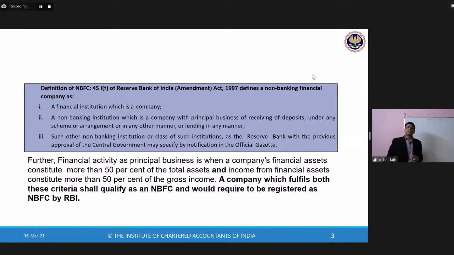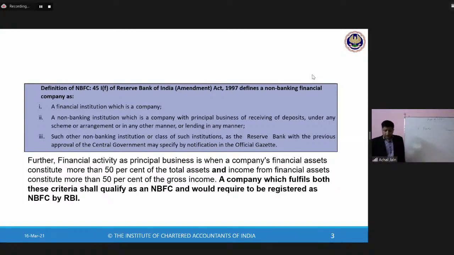Suppose through this activity they generate certain assets, which I am calling financial assets. And through this activity, this entity will also be generating some income, which I am calling finance income.